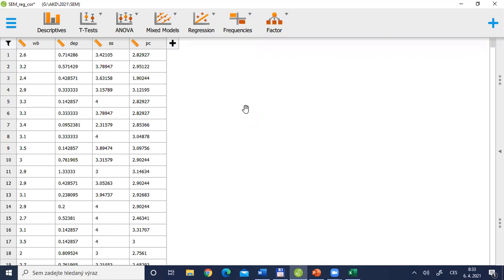We will be using this data file also in the next lecture. The first variable, shortened WB, stands for well-being. So it is a measurement of the well-being of a student. These data were collected on university students in the Czech Republic.